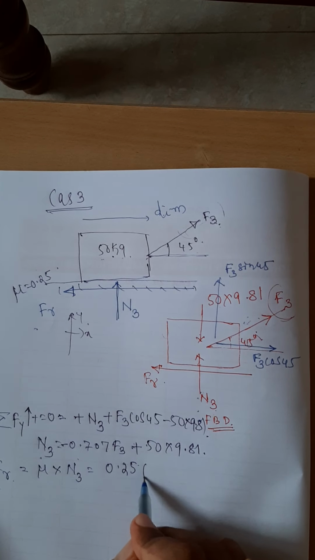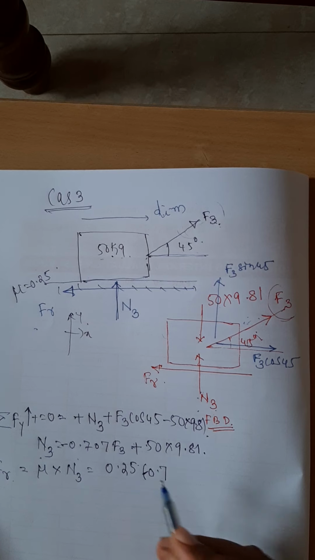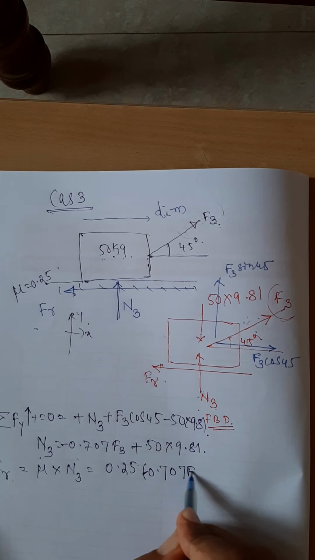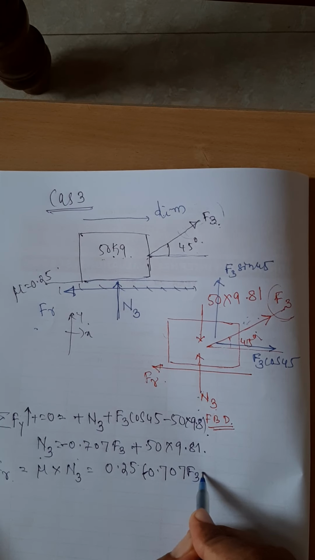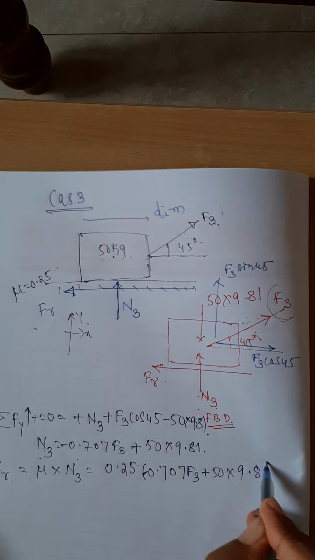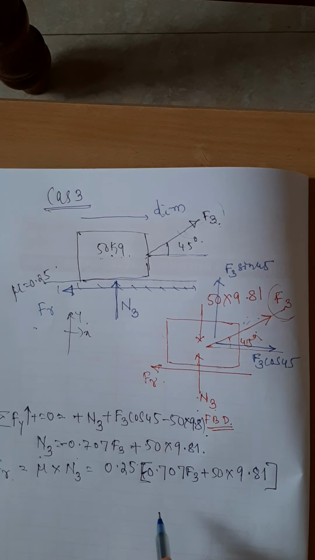And N3 is known to us, 0.707 with negative sign here: minus 0.707 into F3 plus 50 into 9.81. Yes, that is what the FR is.